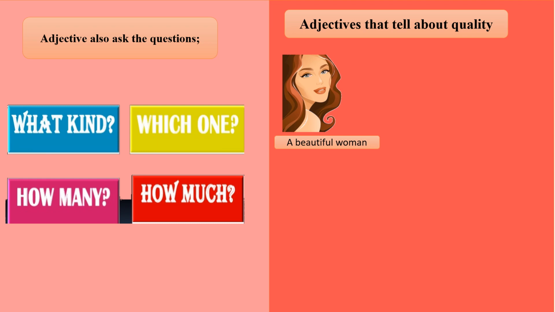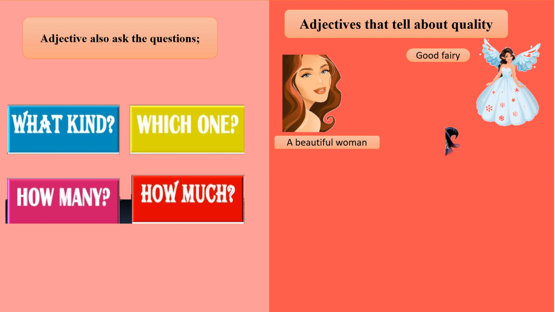So the question what kind helps us to identify the adjective. Fairy. A good fairy. What kind of fairy? So the word good describes the kind of fairy.